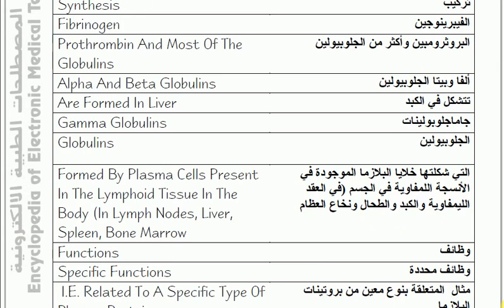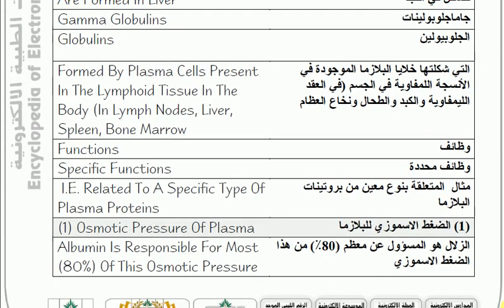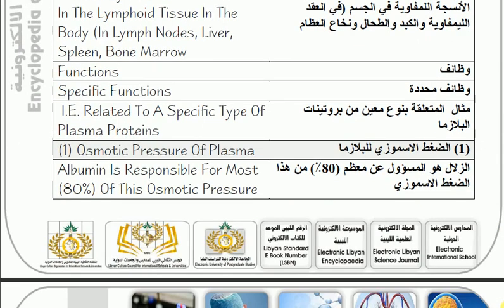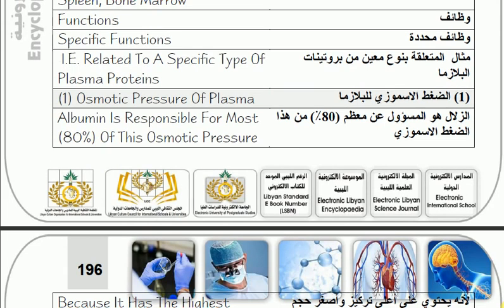Gamma globulins are formed by plasma cells present in the lymphoid tissue in the body, in lymph nodes, liver, spleen, bone marrow. Functions. Specific functions, i.e. related to a specific type of plasma proteins.